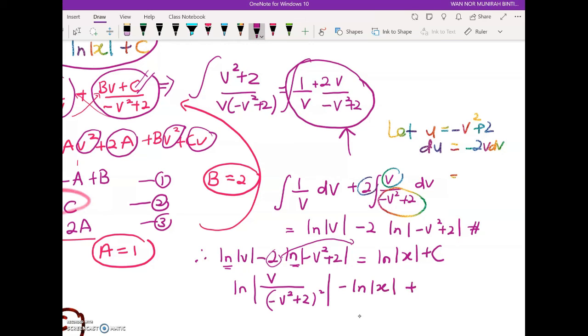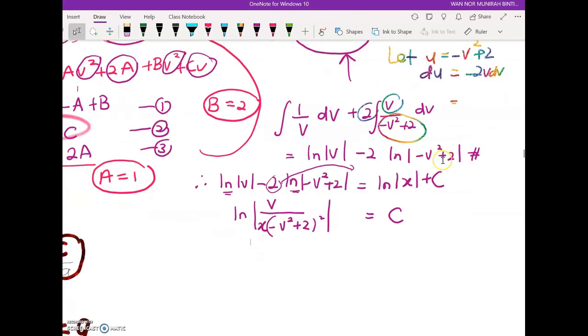So when you simplify the natural log, we can delete it, equals c. Since just now it is minus natural log x, this one is placed in the denominator.